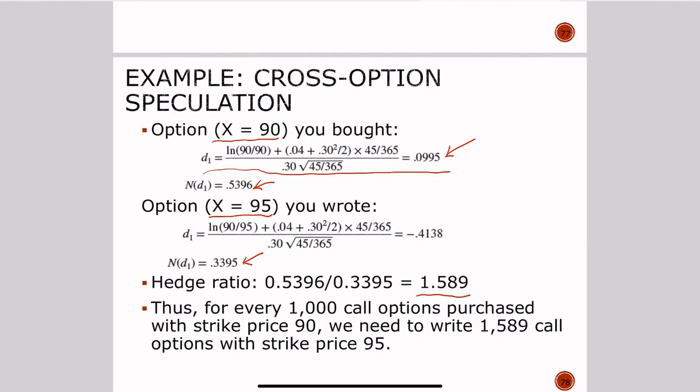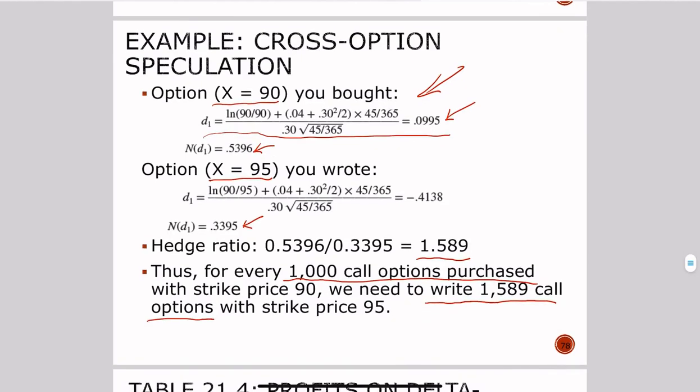So the first option's price is more responsive to stock price movement. This hedge ratio will tell you how many calls you want to buy and how many you want to sell. So for 1,000 call options you purchase, you will want to write 1,589 calls.